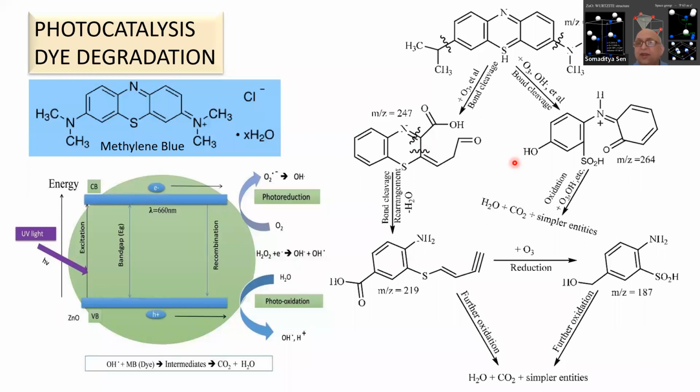Then the cleaved materials also decompose into simpler entities like water vapor and carbon dioxide. These simpler entities do not harm the environment, so this is a very important thing. Methylene blue is an example here, but we have worked with other dyes also.